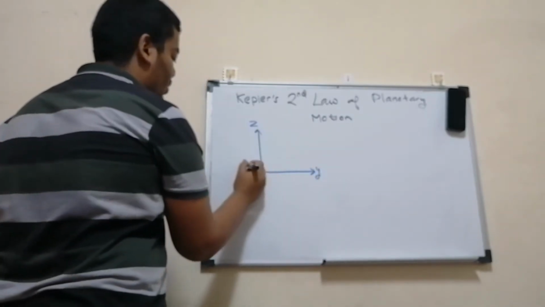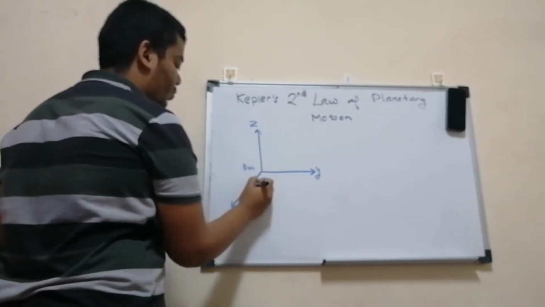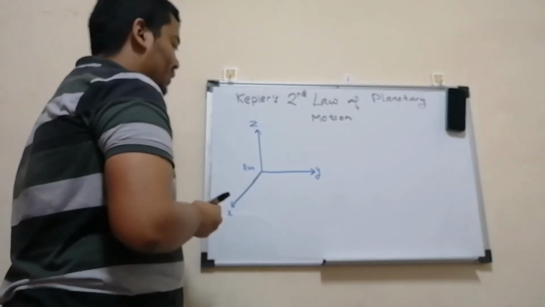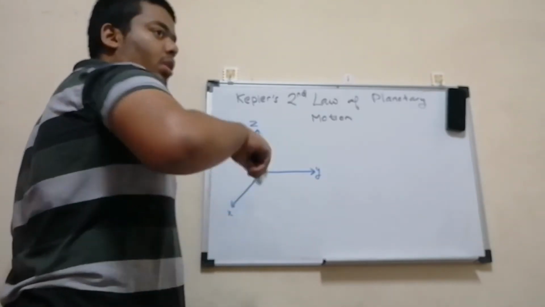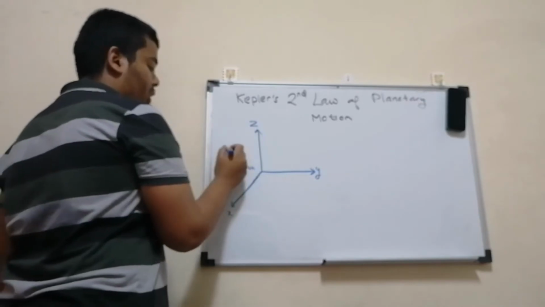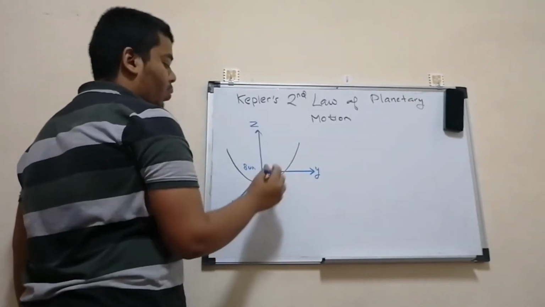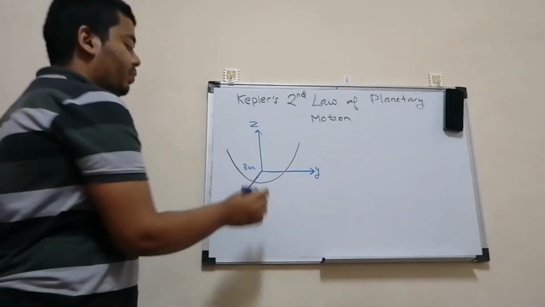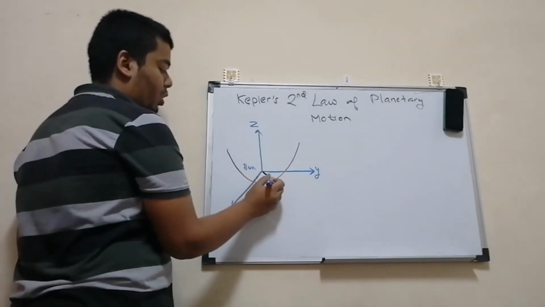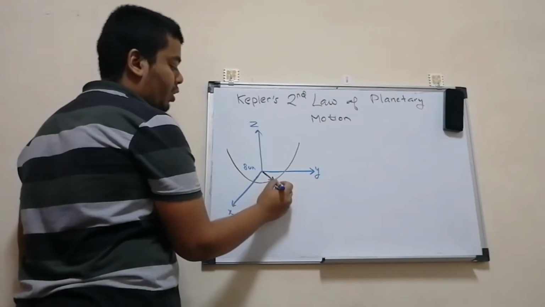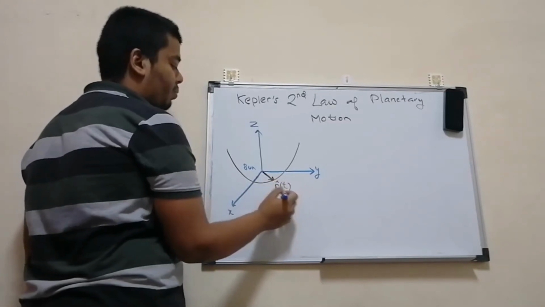This was the sun in the center. With the sun in the center, the planet traveled in this direction as an ellipse. When the planet traveled as an ellipse, this was the position vector of the planet, which obviously varied with time.